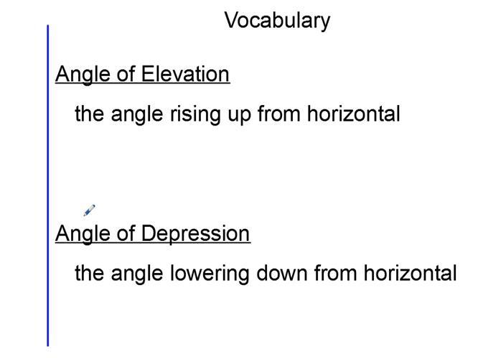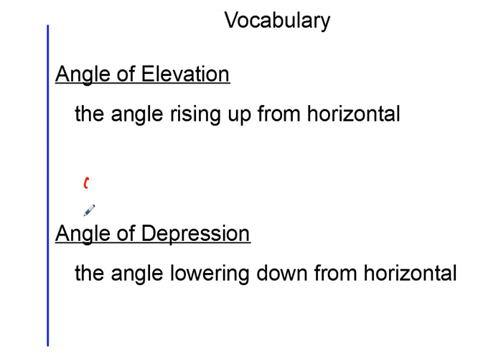As we move forward, I want you to realize that trig is meant really for the real world. To do real-world problems with trig, we need to know 2 very specific terms. The first term is angle of elevation. This is an angle that is created when rising up from horizontal.